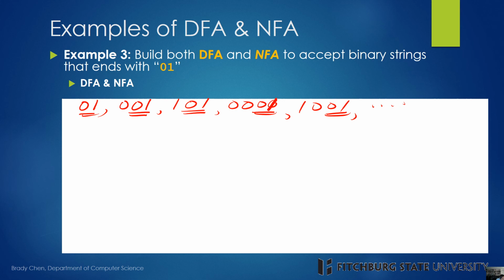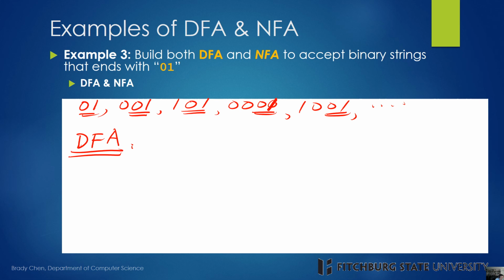Okay, so let's start with the DFA. We want to build a deterministic finite automata to accept the binary strings that end with 01.